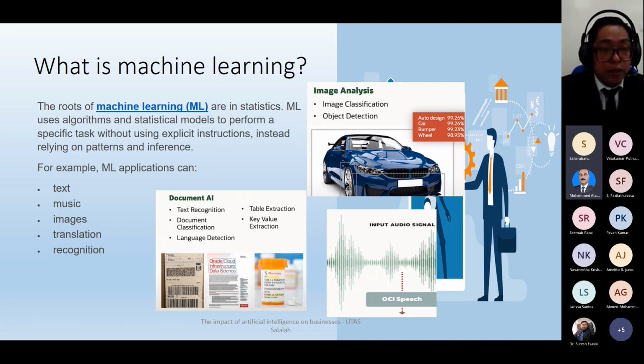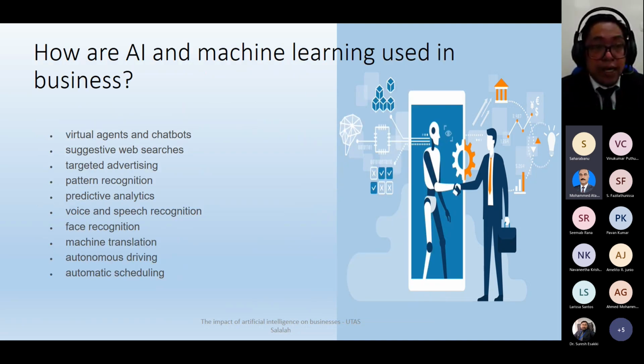And now we could see how AI and machine learning are used in businesses, because over the years, AI research has enabled many technologies and advances that include the points I am showing on my slides. The first one is virtual agents and chatbots. We have also suggested web searches, targeted advertising, pattern recognition, predictive analytics, voice and speech recognition, face recognition, machine translation, autonomous driving, and automatic scheduling.